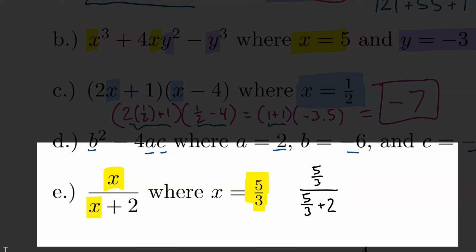So we can simplify this if I rewrite the 2 as 6 over 3. I can see that the denominator, these two fractions, add together to be 11 over 3.